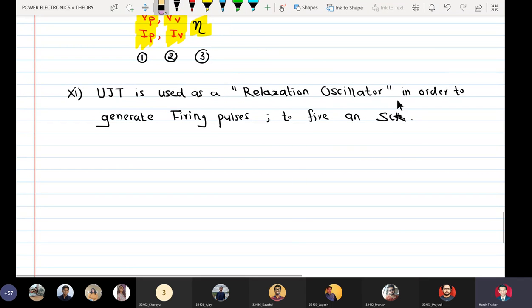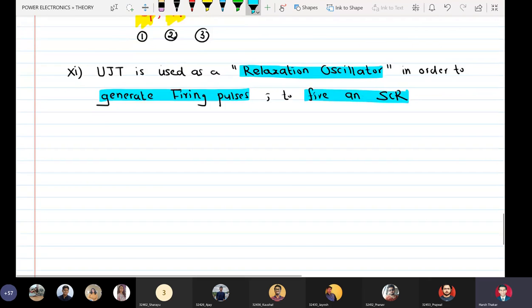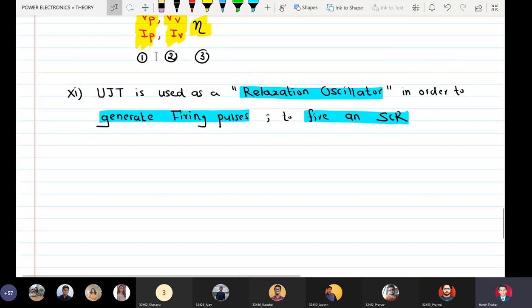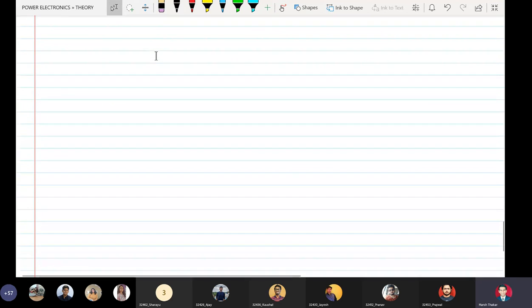Always remember this. The relaxation oscillator circuit is as follows.